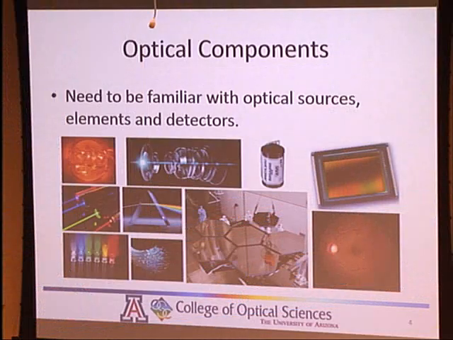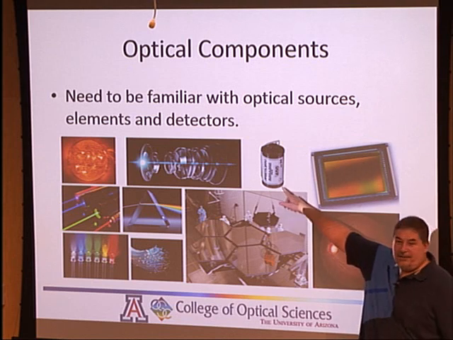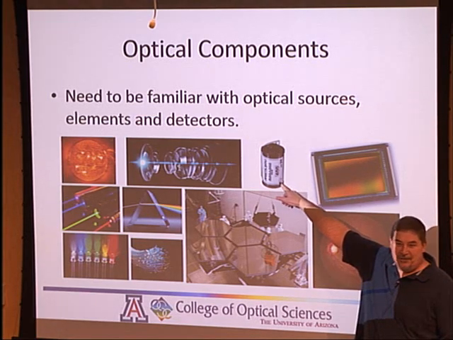Engineers need to be familiar with all sorts of optical components, so mainly optical sources: different sources, obviously the sun, lasers, and LEDs are a big one now. Optical components like lenses, prisms, fibers, those types of things, take light from the source and do something with it. And then detectors. You guys may be a little young, but this is what's called film.